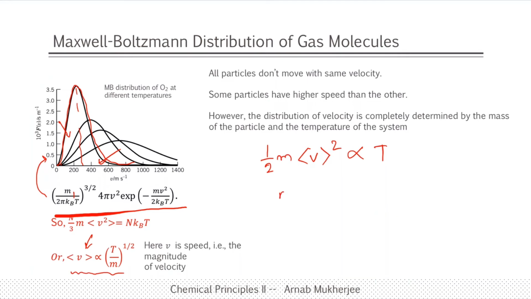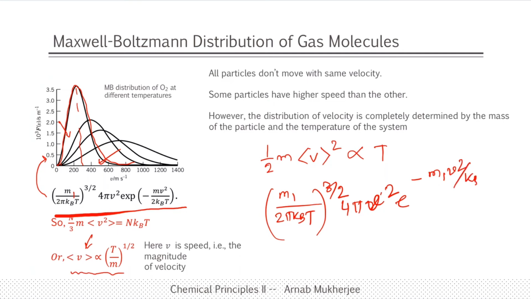For example, I can write (m1/2πk_BT)^(3/2) 4πv² exp(−m1v²/2k_BT), and let us say you have another one. Let us say m2 is very large compared to m1. So, what is going to happen is that you are going to get two distributions, one corresponding to m1 and another corresponding to m2.